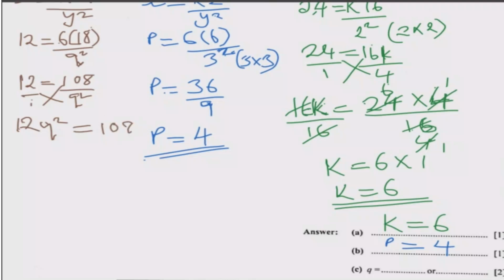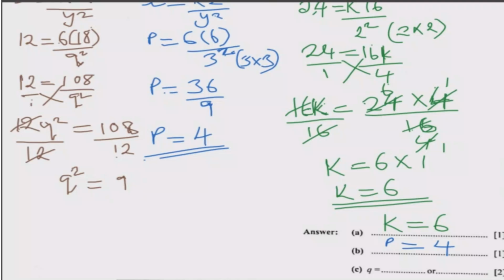We want to remain with q on one side of the equal sign, so first we divide both sides by 12. The 12 on this side cancels, leaving us with q squared equal to 108 divided by 12, which is 9.